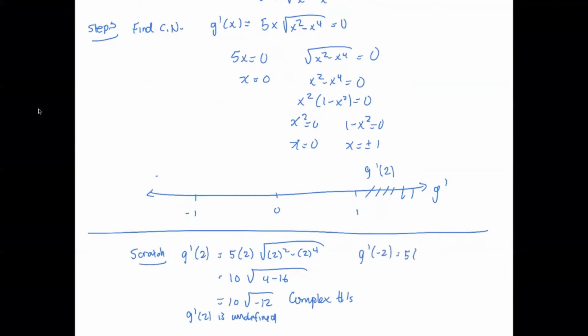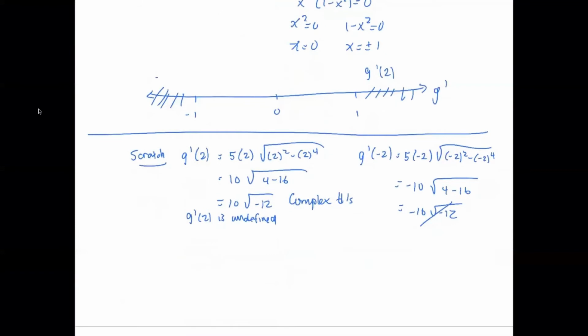You get 5 times negative 2, but when you square negative 2 and raise it to the 4th power, you get 4 minus 16 again. So this time it's negative 10 times the square root of negative 12. So again, that's not going to be good. So this is undefined.